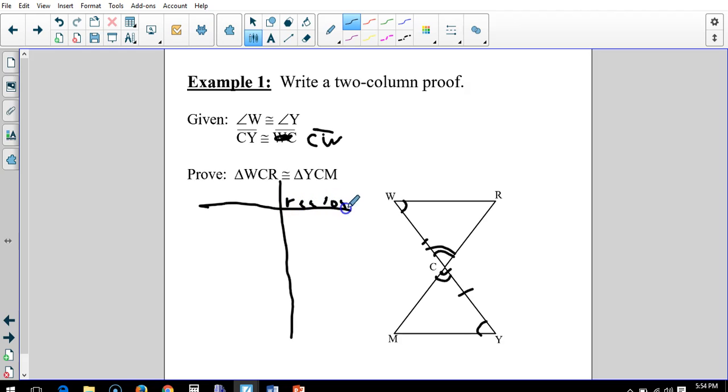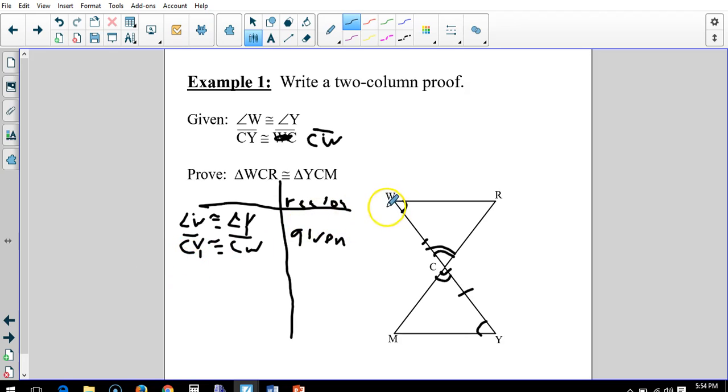Okay, so we go with our given angles. And we say CY is congruent to CW. And those are both given. Then we add our new one.